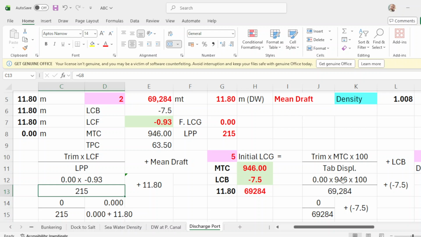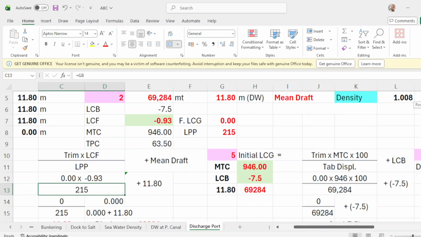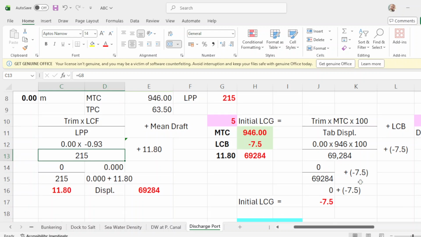So multiply this one, 0 times your MTC times 100, that will be 0 over your displacement of 69284. You divide this one, that will also be 0 plus your LCB of negative 7.5. So your initial LCG is negative 7.5. Okay, that will be number 5.